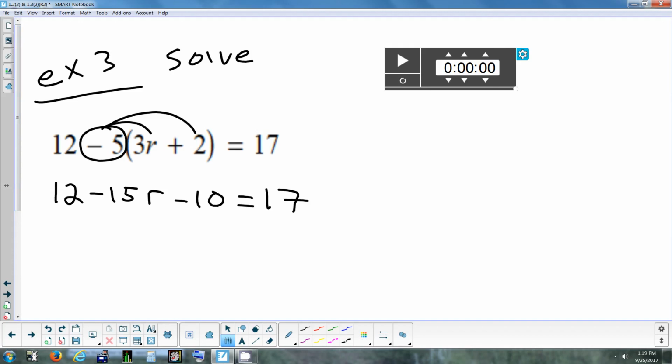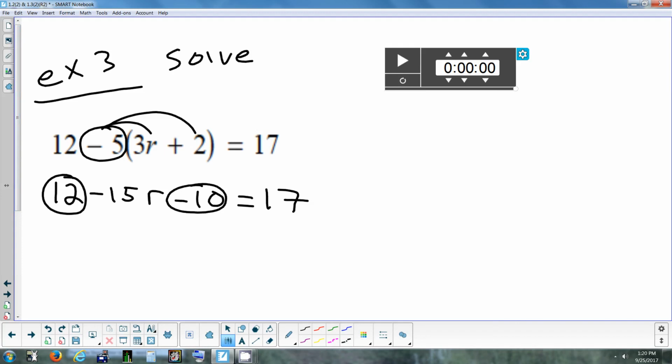Now, as Mr. Roy said, you've still got something else under simplify. We did the distributive property, but what else do you have to do now? Just on the left. Combine like terms. What can you combine that 12 with? You can combine it with a -10.